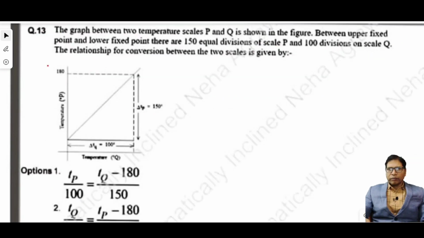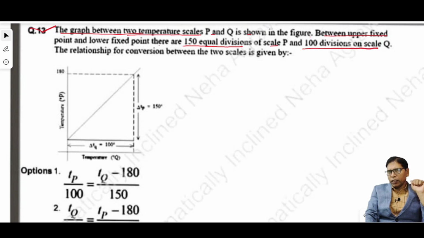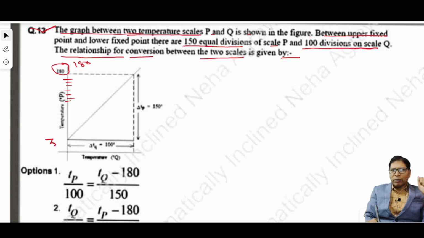Okay, next. Now question number 13. The graph between the two temperature scales P and Q is shown in the figure. Between the upper fixed point and lower fixed point, there are 150 equal divisions of scale P and 100 divisions of scale Q. The relationship between the two scales is given by. Look at this, P scale, this is 180. Now it has 150 divisions. Okay, so look at this, this must be 30.